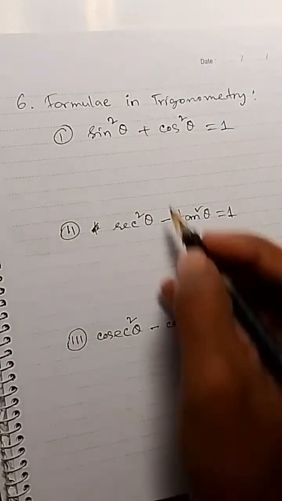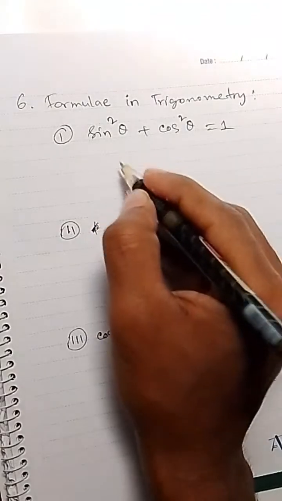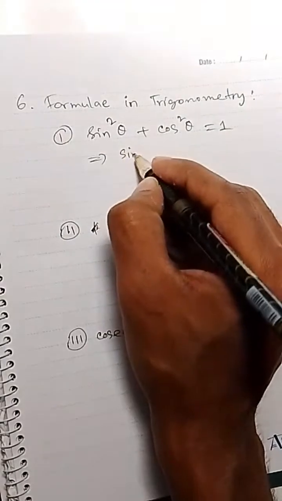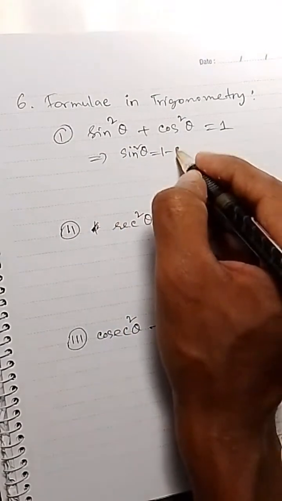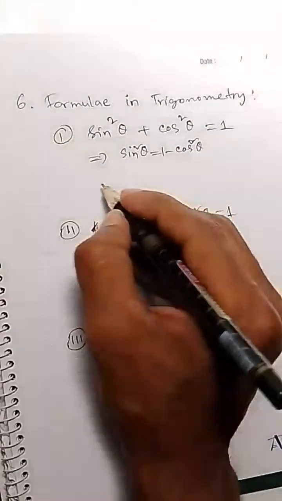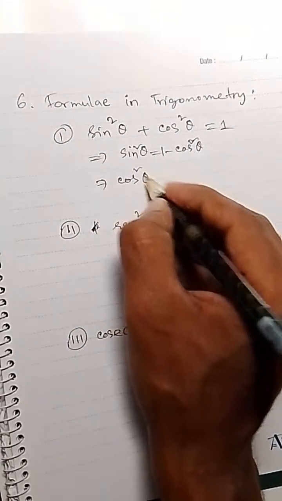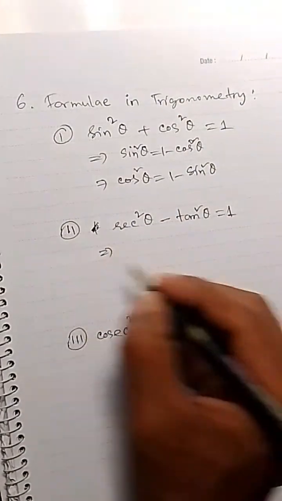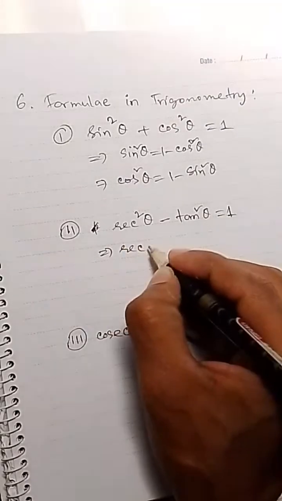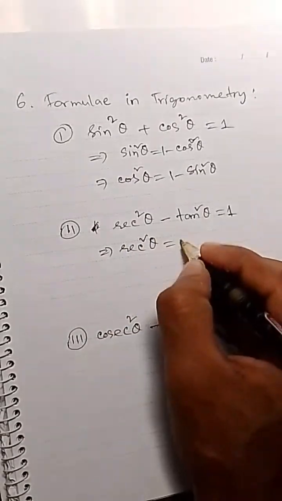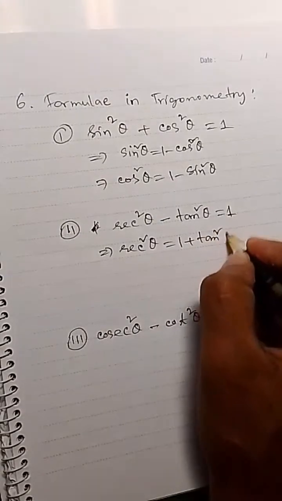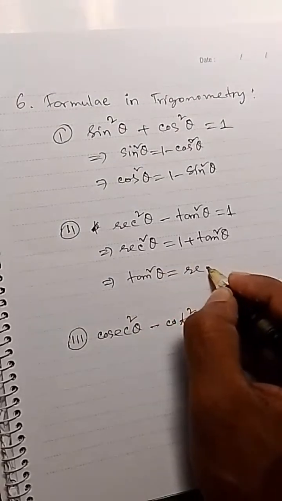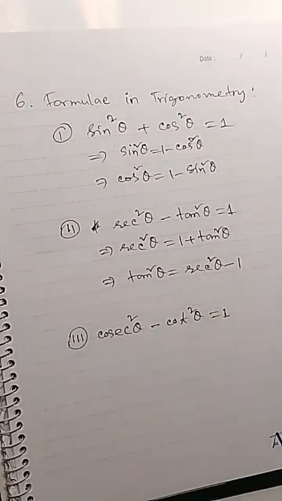And you can write this as sine square theta is equal to 1 minus cos square theta, and similarly cos square theta is 1 minus sine square theta. And in this way you can say that sec square theta is equal to 1 plus tan square theta, and tan square theta is equal to sec square theta minus 1.